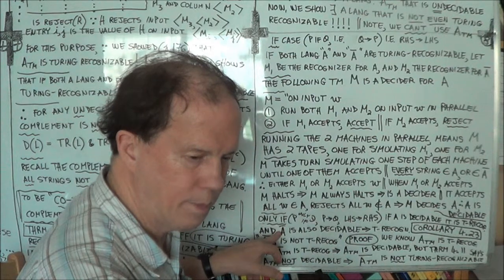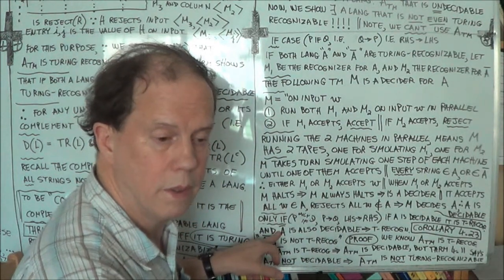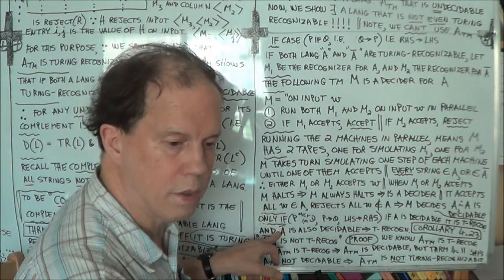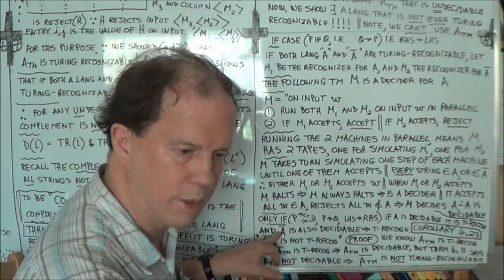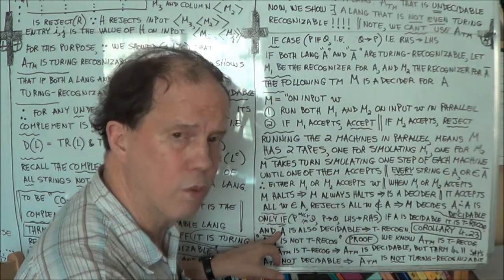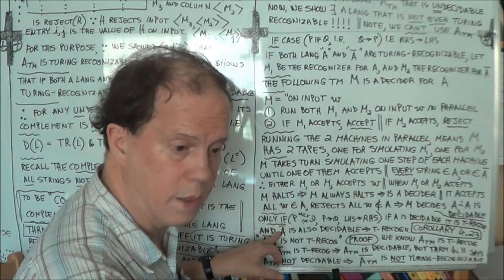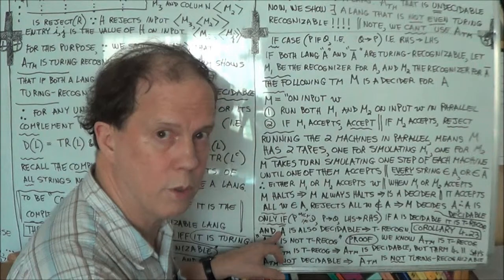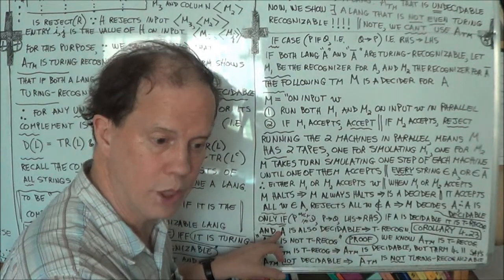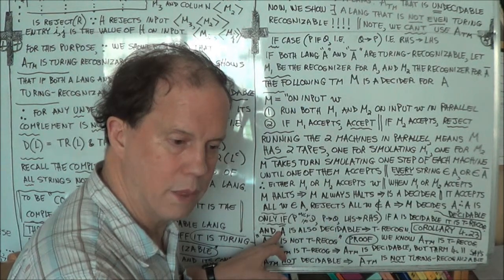So all strings that are not in A, by definition, that's the complement of A. Okay, and all strings that are not in A are in the complement of A, and they're accepted by Q. So Q decides the complement of A. Therefore the complement of A is decidable because there is a Turing machine called Q that decides that language.